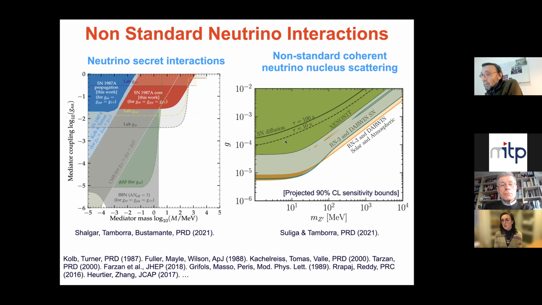So what we used were very simple arguments of this sort, really just back-of-the-envelope estimations, by considering, let's assume that they are trapped for a very long time and they are never emitted because they are just interacting with the nucleons. So this is the argument that was used.